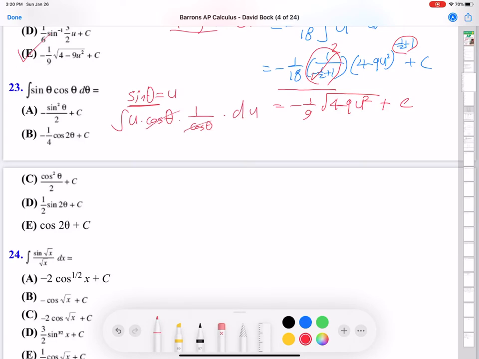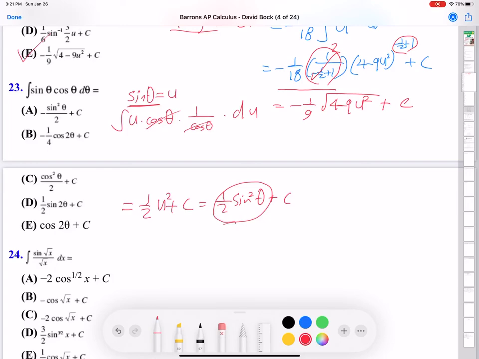Just u is left, right? u du, that means 1 over 2 u squared plus c. What is u? Sine theta. So 1 over 2 sine squared theta plus c.